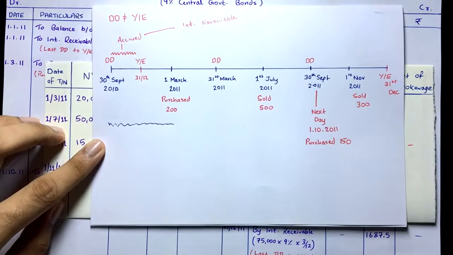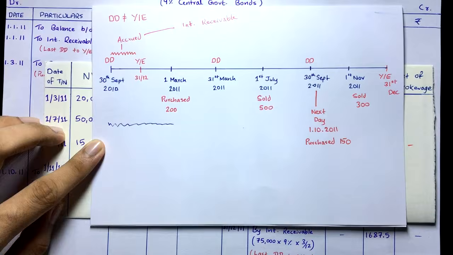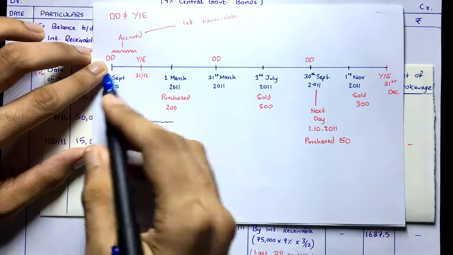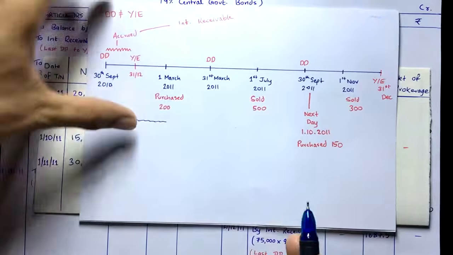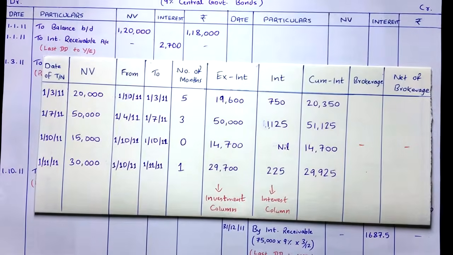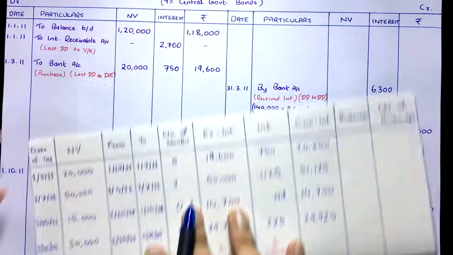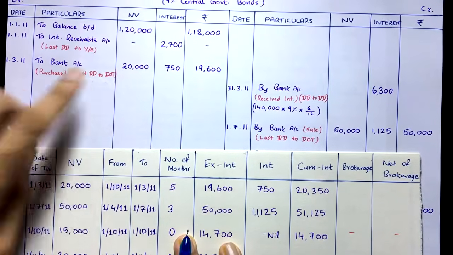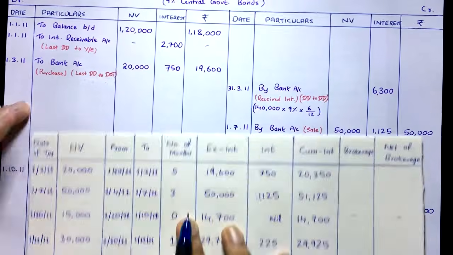So how are you going to calculate that interest? What is the period? The shortcut is simple: last due date till the date of transaction, DD to DOT, isn't it?